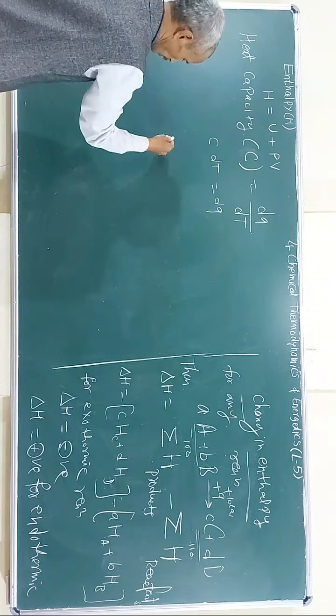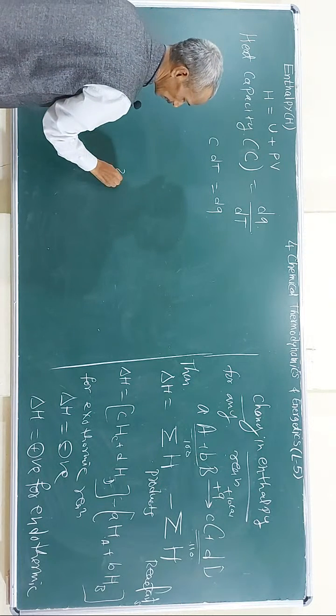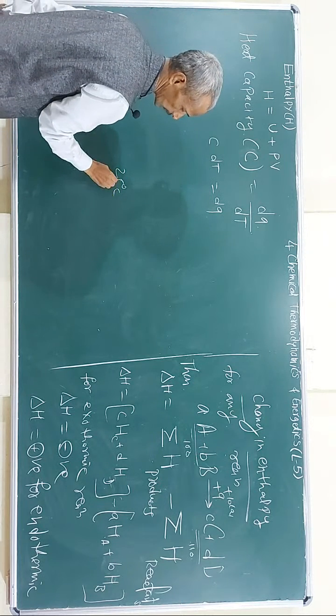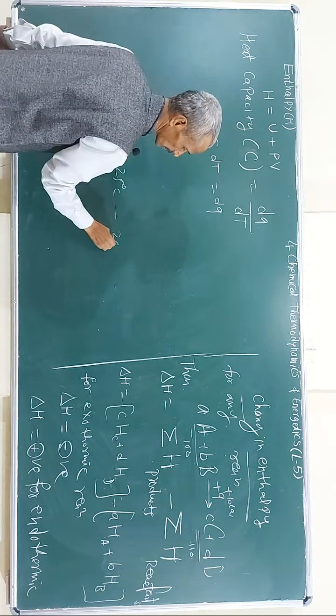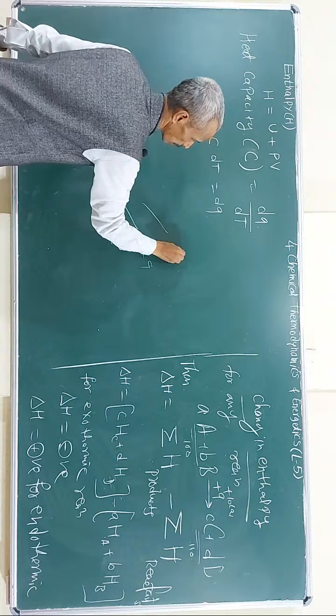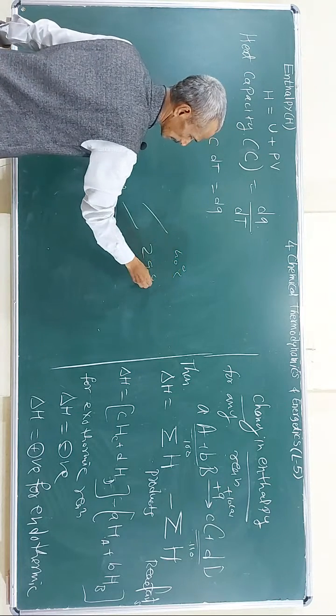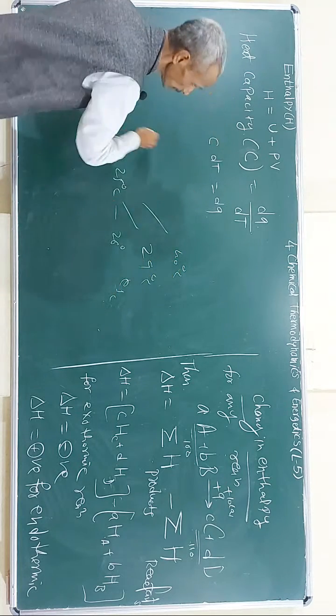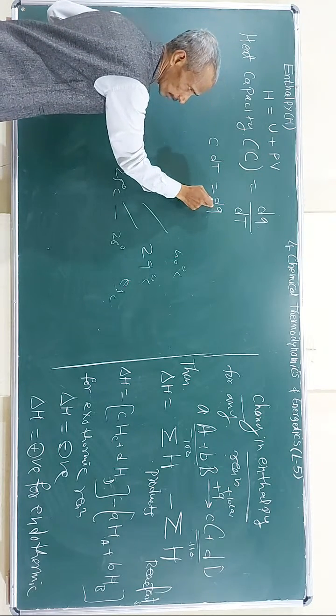If the temperature increases, suppose from 25 degrees Celsius to 26 degrees Celsius, or 29 degrees Celsius, or 40 degrees Celsius, then a particular amount of heat is absorbed.